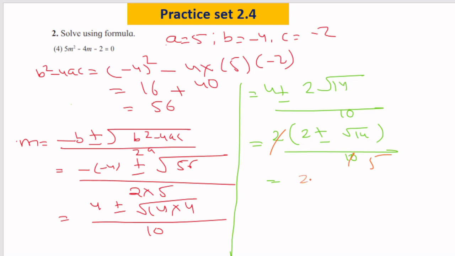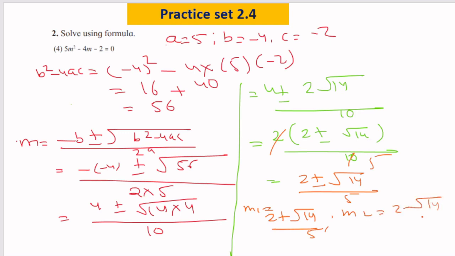So remaining is 2 plus minus square root of 14 divided by 5. Now immediately you can write two factors, one factor with plus sign, so 2 plus root 14 divided by 5. Another factor, 2 minus root 14 divided by 5. This way also you can solve, that way also you can solve. It's your choice, nobody is going to cut your marks.